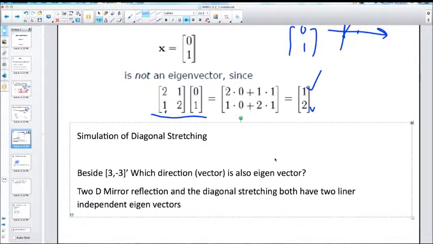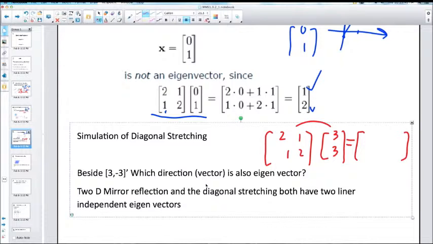Let me do a little more calculation for the second eigenvector. I can call it 3, 3, the diagonal direction. If we multiply 2, 1, 1, 2, what we're going to have is 2 times 3, 6, plus 3, that will be 9. And the second row, 1 times 3 is 3, plus 2 times 3 is 6. That's another 9.